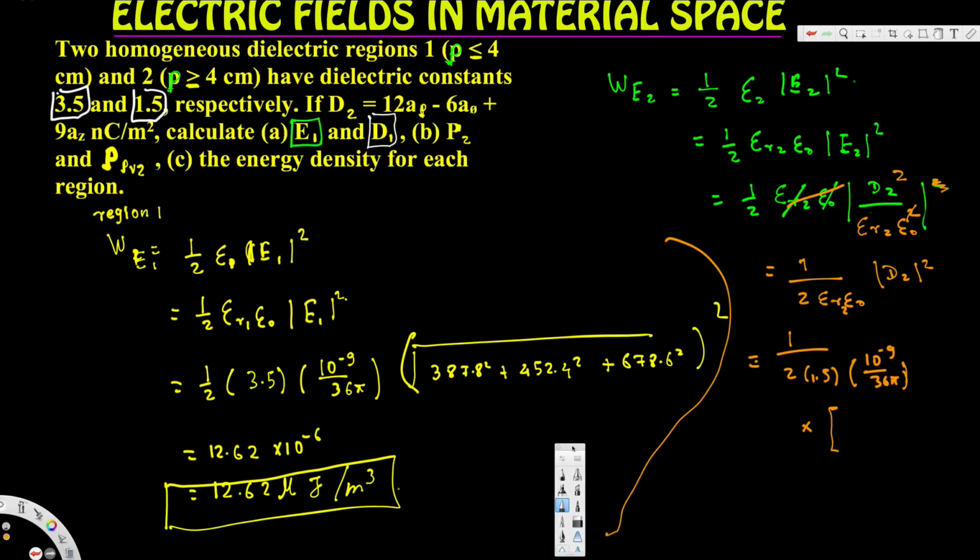D2 is given right here; we just have to pick up the values and square them. So this is going to be 12 square plus 6 square plus 9 square, times 10 to the power minus 9 square, whole square, and that's it.